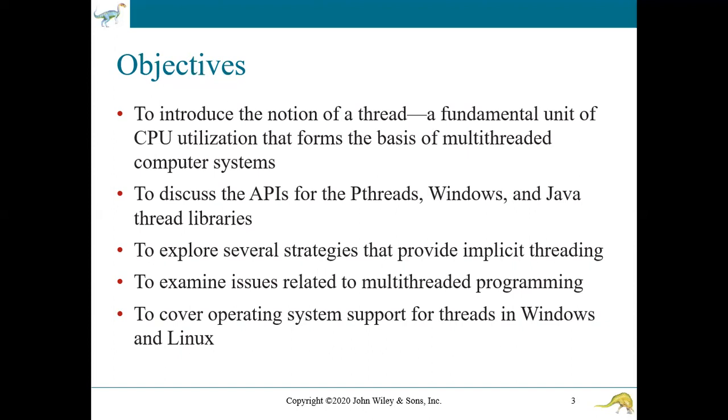So explore several strategies, and then you look at doing the threading implicitly, not explicitly, right? There are different structures to run thread programming, because it's an API, an application programming interface.